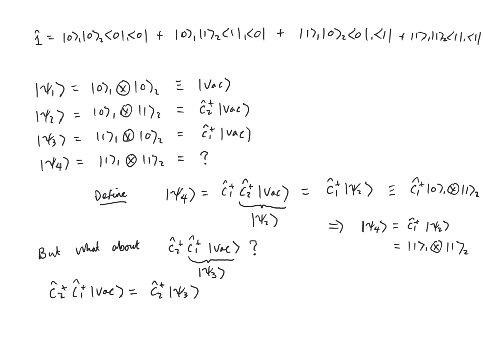So this is not quite the same, as you can see, from our previous calculation, where we had that psi4 was equal to C1 dagger acting on psi2. So are these the same things or not? Well, to answer this question, we should look at the wave function antisymmetry with respect to exchange of particle labels.